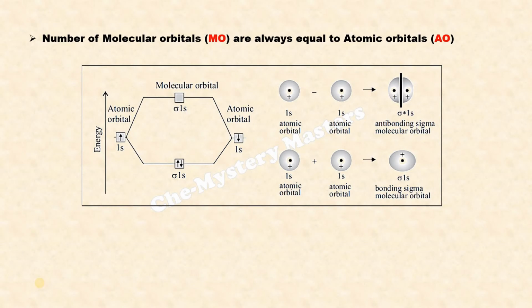If you remember from your lower classes, you might have seen this structure where we discuss the formation of molecular orbitals from atomic orbitals. Take the formation of the hydrogen molecule, H2. We all know that the hydrogen molecule is made up of two hydrogen atoms. These hydrogen atoms combine to make the H2 molecule.